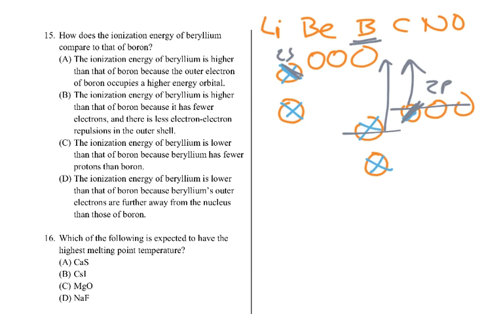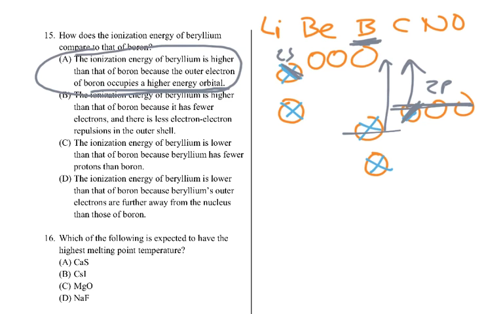So the ionization energy of beryllium is higher than that of boron. Boron's easier to pull off than you would think. The outer electron of boron occupies a higher energy orbital. That's the answer right there, B.